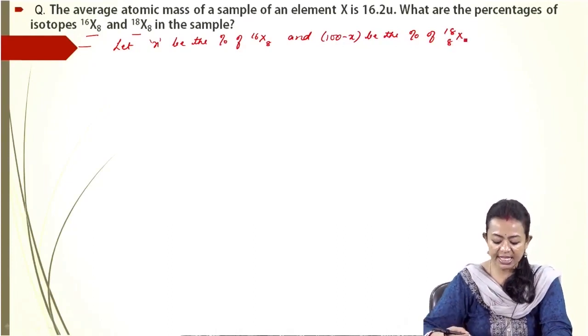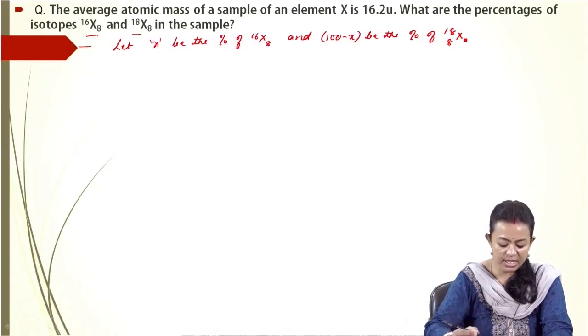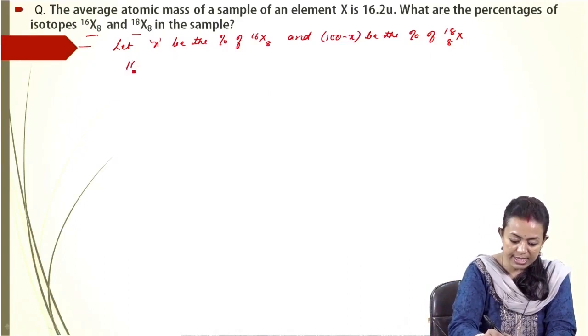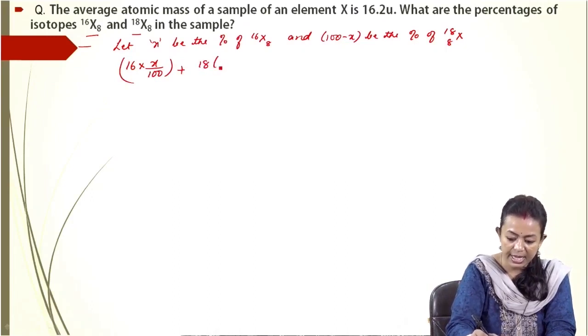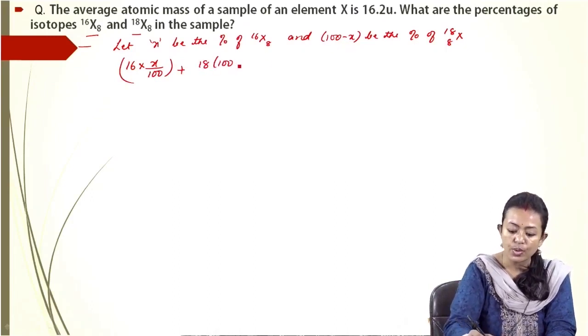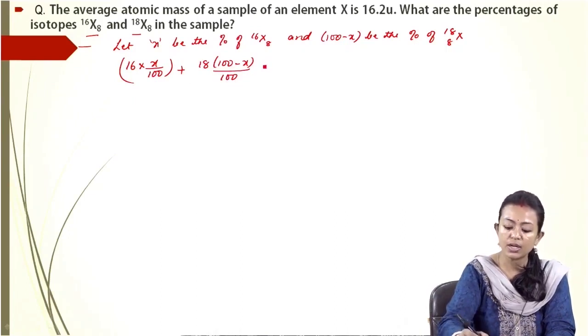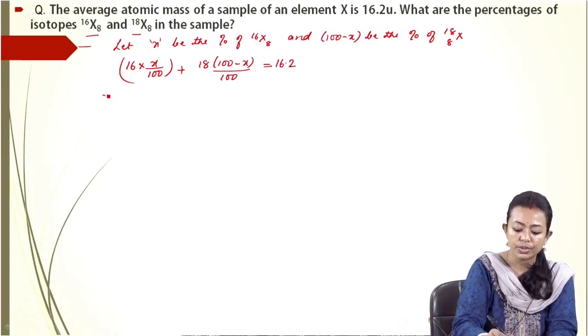So taking these things into account, let us solve it. We are going to take 16 into x by 100 plus 18 into 100 minus x by 100, which is average is coming to be 16.2 u.